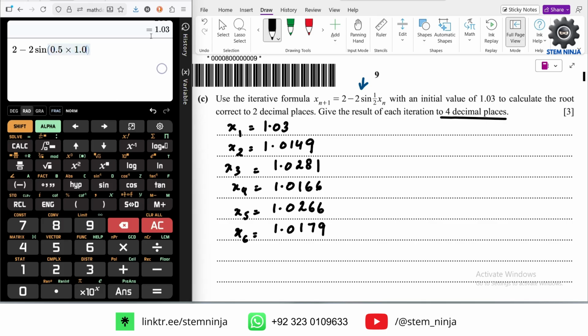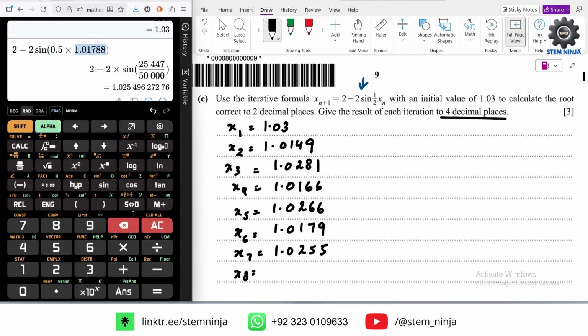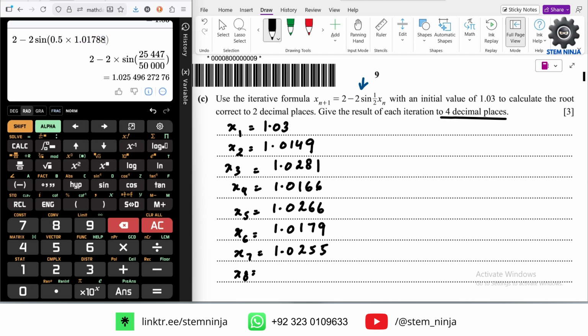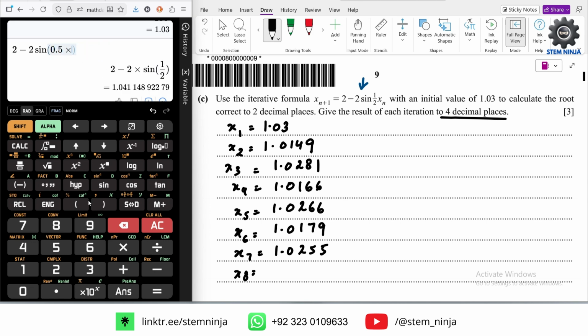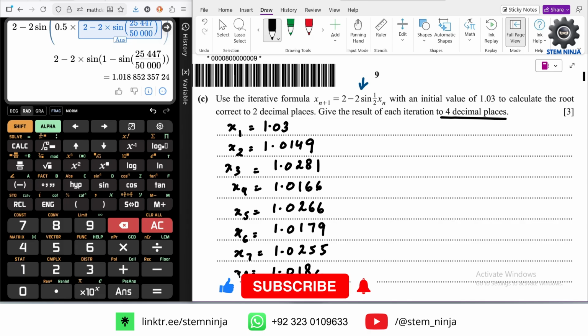Okay, so 1.01788 it was something, so this would be 1.02549, so basically x raised to the power 8. Now we can turn this value into answer back again. 0, 1, 8, 8.